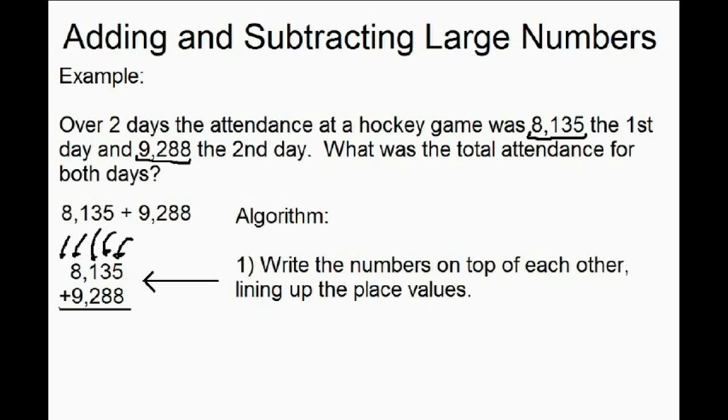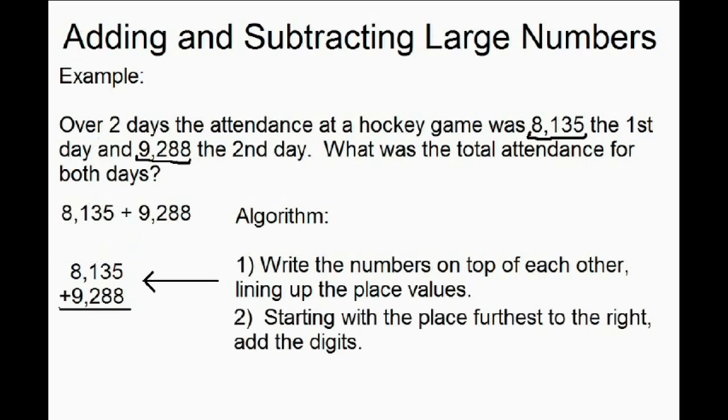It's possible that one of the numbers will have more places than the other, which is okay, and we'll look at an example like that, but you still line up the place values on top of each other. It's important to note that with addition, it doesn't matter what order you add things in. So it doesn't really matter which number goes on top.